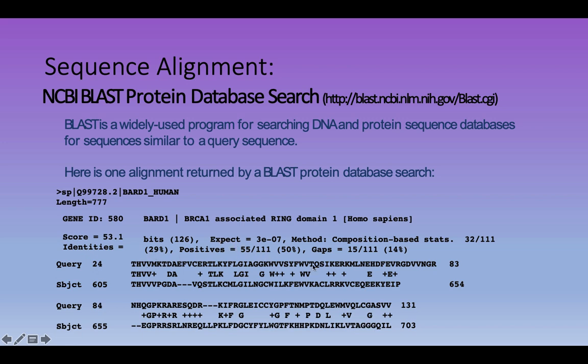So you're going to get back an alignment of the query, the thing you were searching, and the subject, the hit that you got back from the database. And then you're going to get some other information. We talked a little bit last class about how we calculate some of these similarity scores. And notice that we have our number of identities, our number of positives, our gaps. All these things will go in to calculate our similarity score.